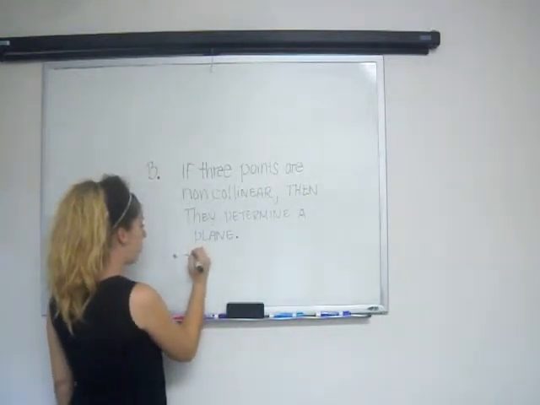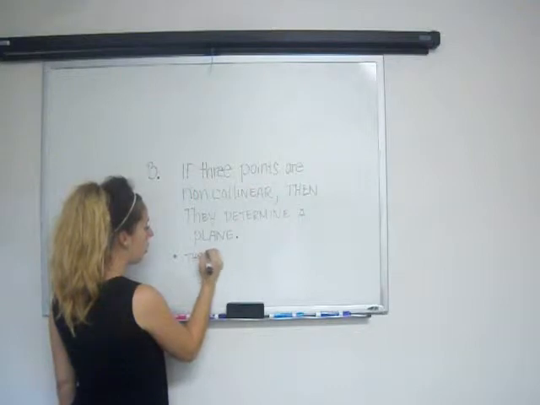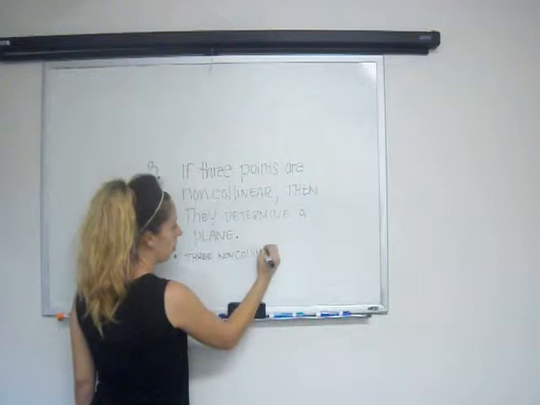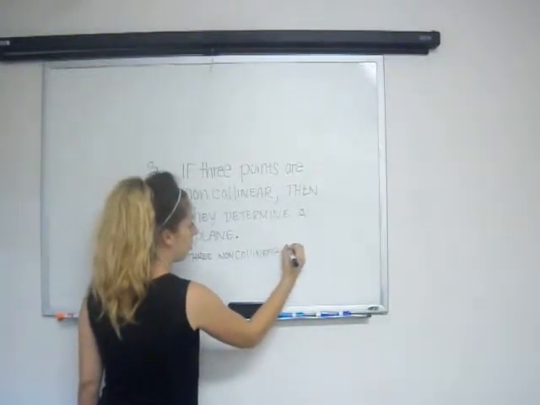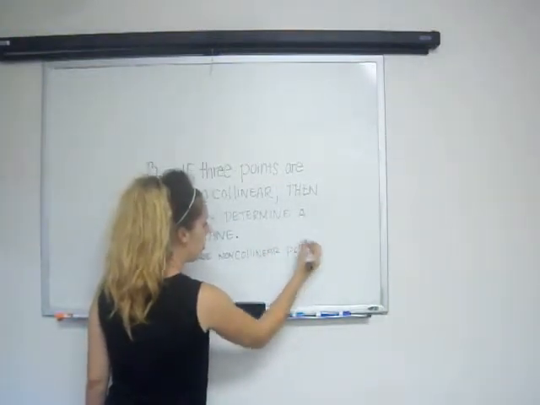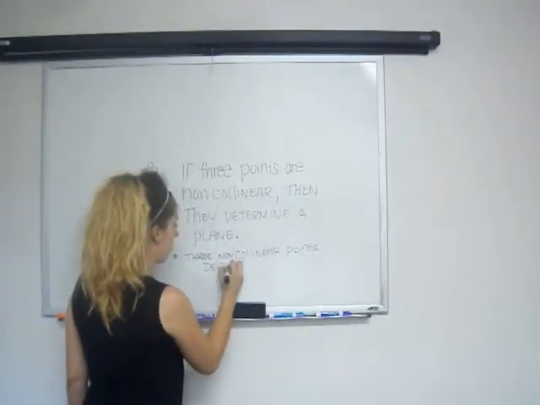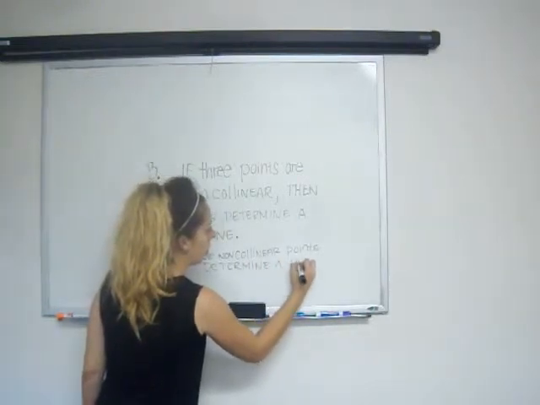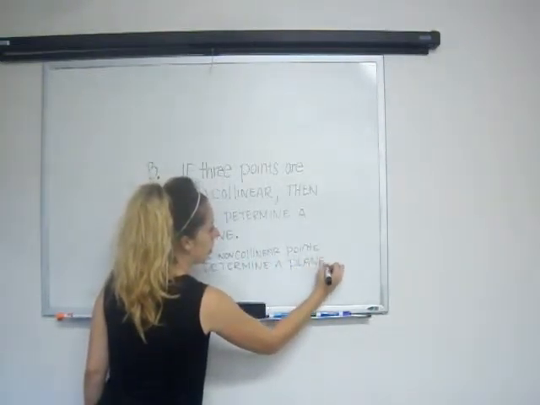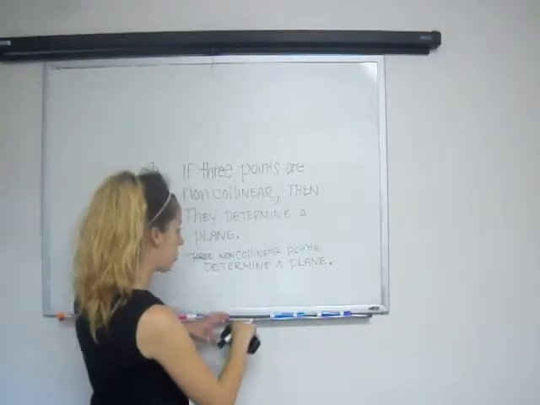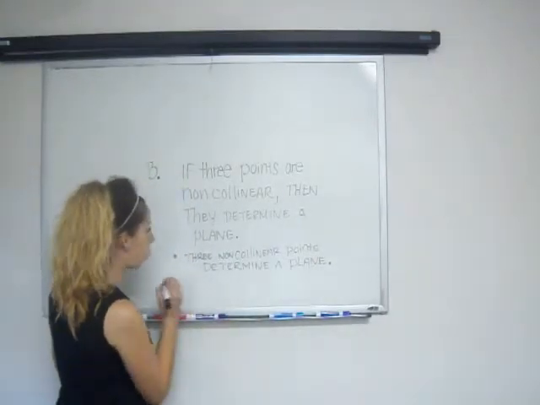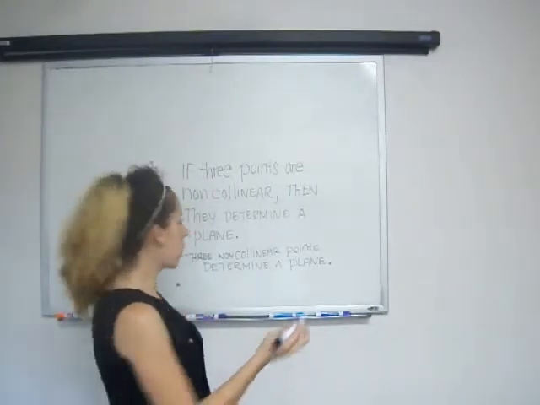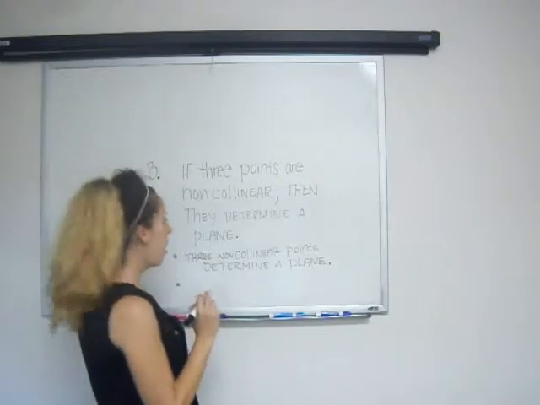So 3 non-collinear points determine a plane. Okay, I'm getting down towards the bottom, so I'm just going to take this out, and then we'll write one more way to write this. And so I'm going to kind of use the bottom part first to write it.